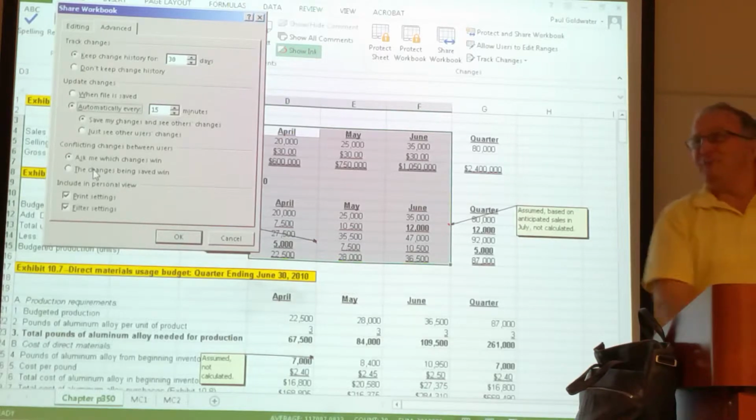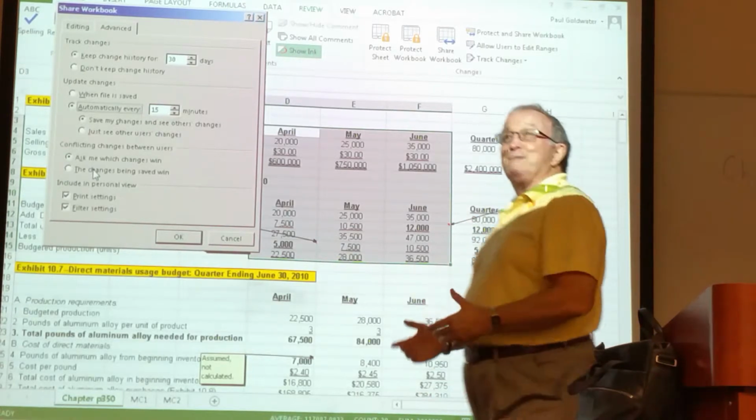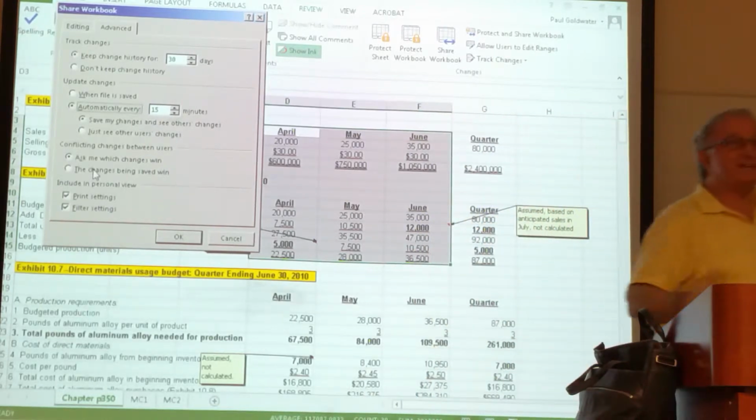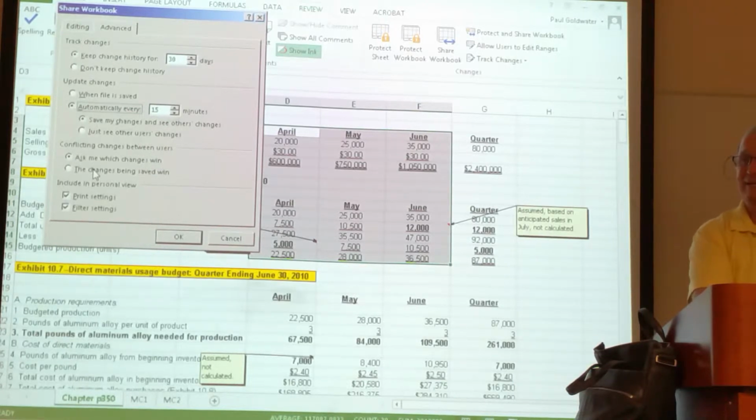I'm joking with you, because it's really important for budgeting, but so do engineers need it. So do people in chemistry and physics and R&D. So there's many other areas that also need this feature, but we're probably the biggest users, okay? But they didn't call it budgeting, they called it Share Workbook.